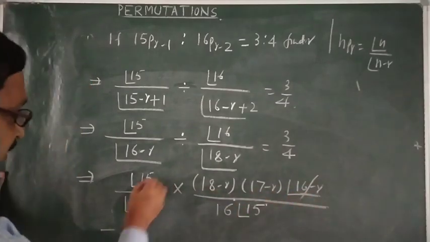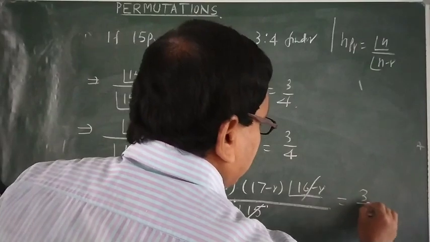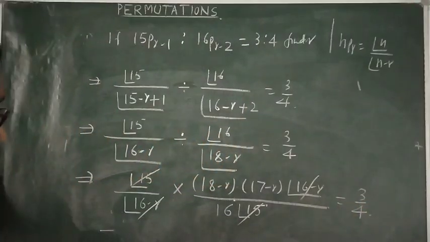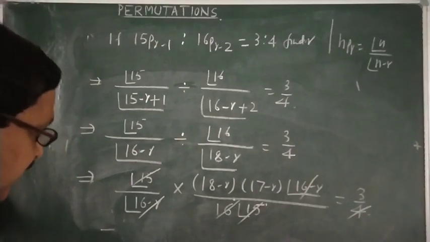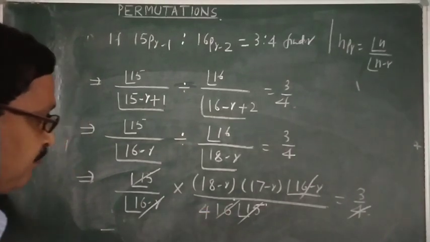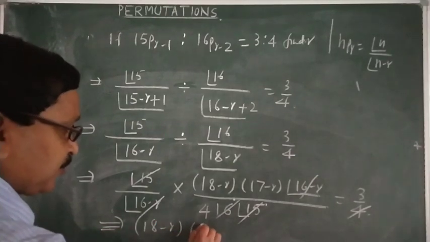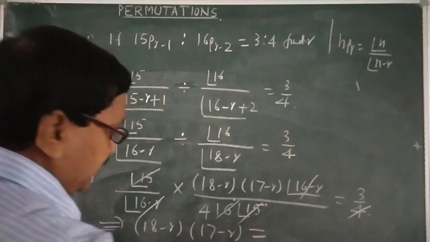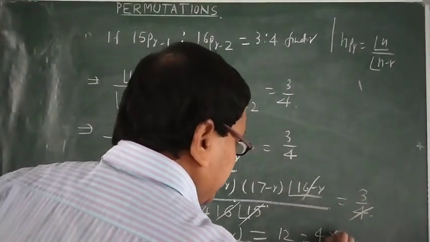This is cancelled with this. And now this is 3 by 4. Now this 4 will cancel this also. So we are left with 18 minus r into 17 minus r is equal to 12. This 12 can be written as 4 into 3.